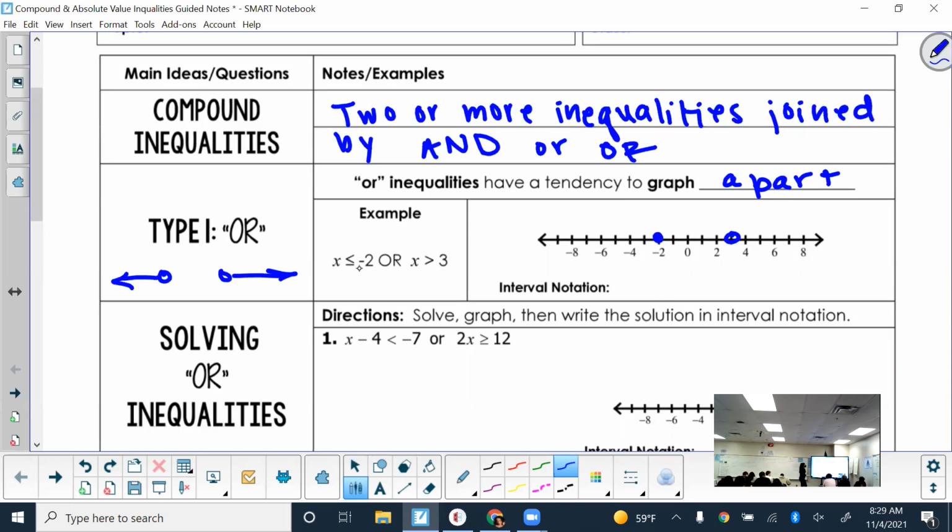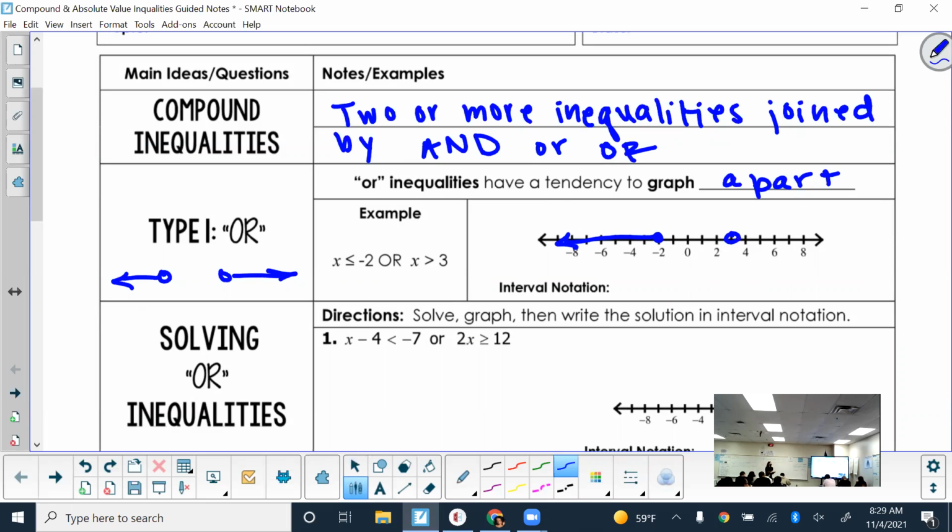For x less than or equal to -2, I need to put the arrow where the numbers are less than -2. Would that be to the left or to the right? To the left. For x greater than 3, it needs to be numbers that are greater than 3. So would that be like 0 and 2, or would it be like 4 and 6?